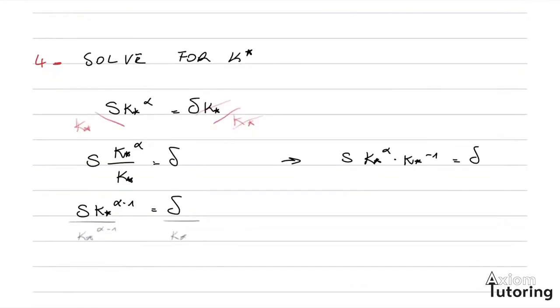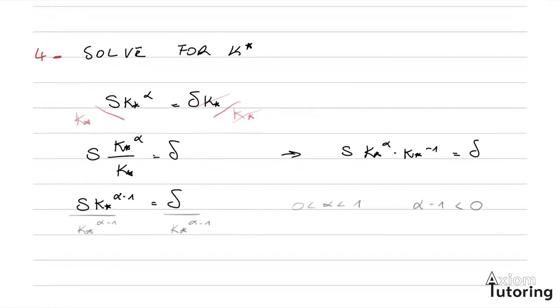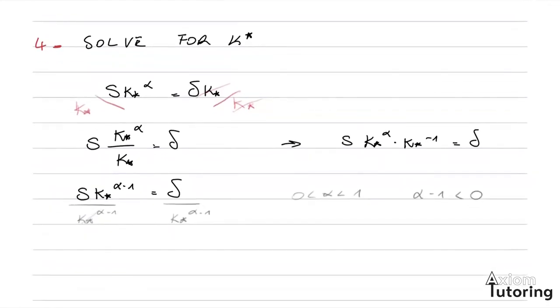And the reason why I'm doing it is because since we know that alpha is between 0 and 1, having alpha -1 as, let's say, a power means that we are facing a negative power. So alpha -1 would be less than 0, and this is not ideal for economics interpretation. So I'm just going to bring this to the other side. And at the same time, I'm also going to bring delta on the other side.